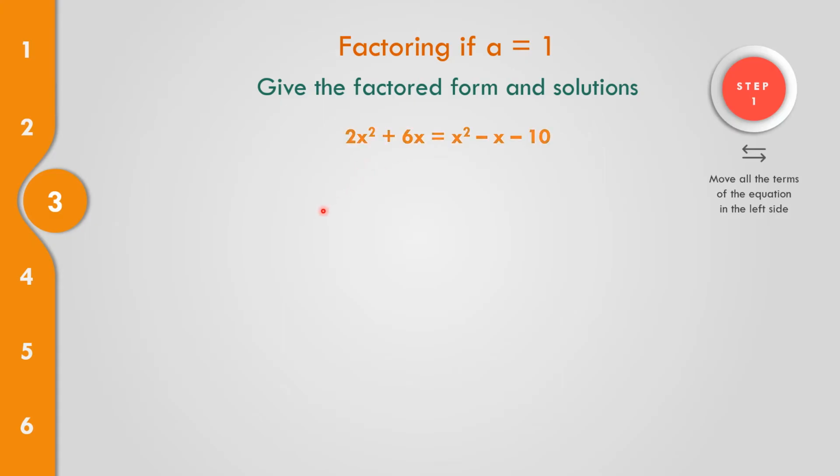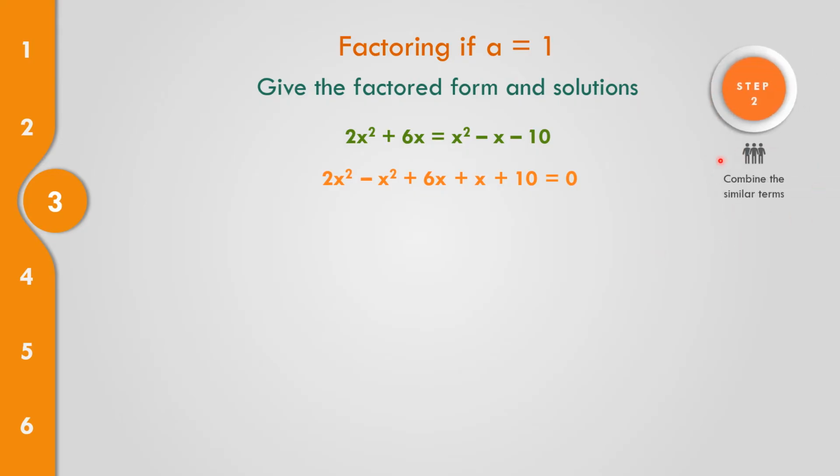So copy 2x squared, and then positive x squared going to the left side becomes negative x squared. We also need to arrange from highest exponent to lowest exponent. Afterwards, bring down 6x. Negative x going to the left side becomes positive x. Negative 10 going to the left side is positive 10, equal 0.